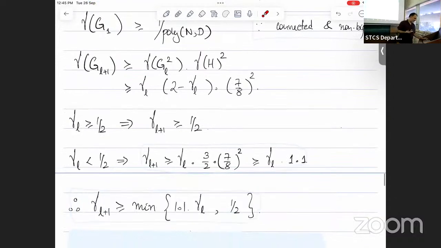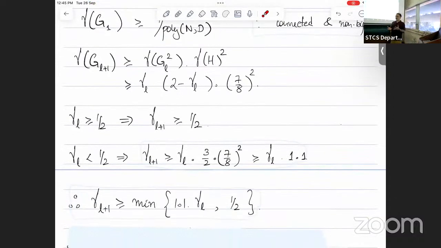So basically, this tells you that gamma_{L+1} is at least as large as the min of these two quantities: 1.1 times gamma_L, or half. If gamma_L was already half, then it stays half. Otherwise, I know it increases by a factor of 1.1.